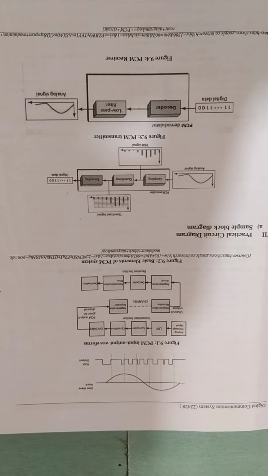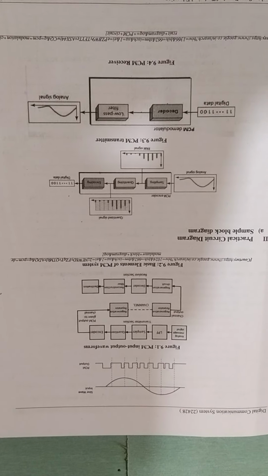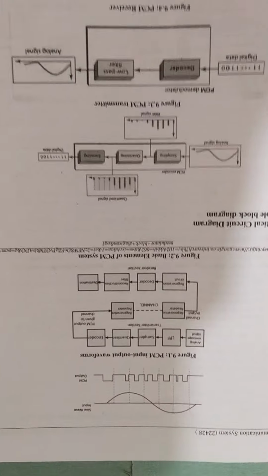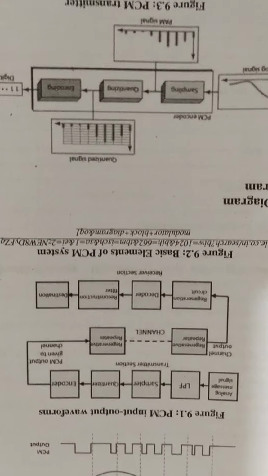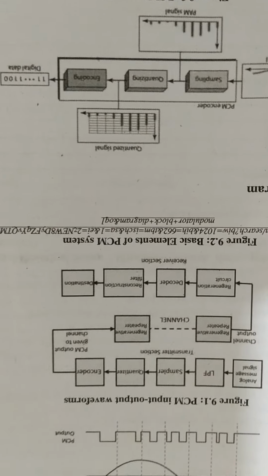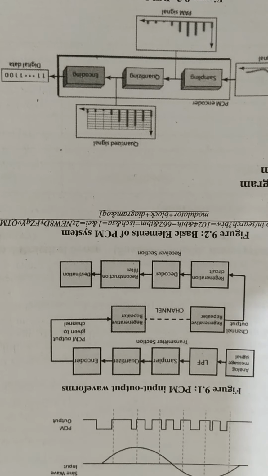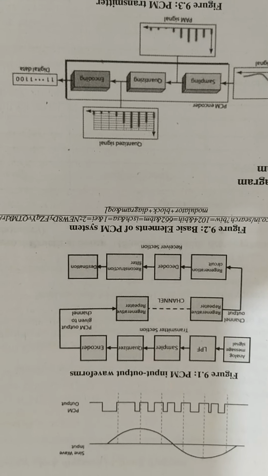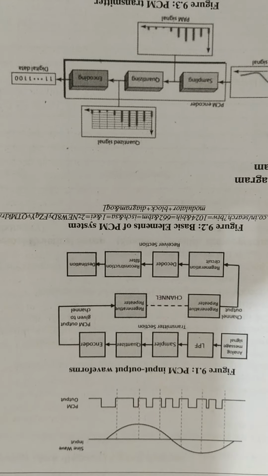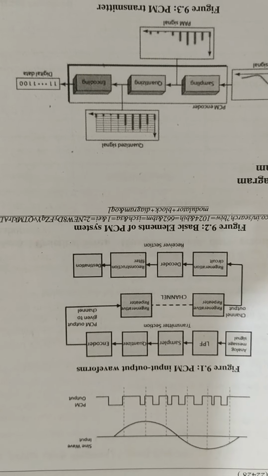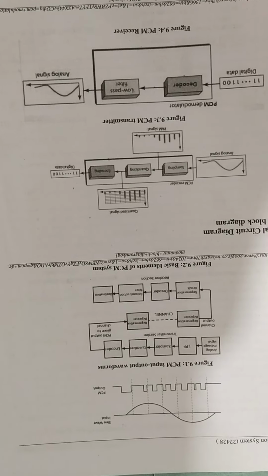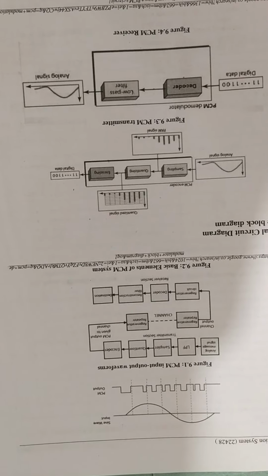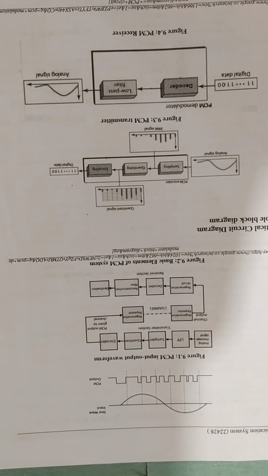Next are the basic elements of a PCM system. The first block is the analog message signal. After that, the analog message signal is applied to an LPF. Then this is applied to a sampler, then a quantizer and encoder, and at the output of the encoder we get the PCM output signal, the PCM modulator output.